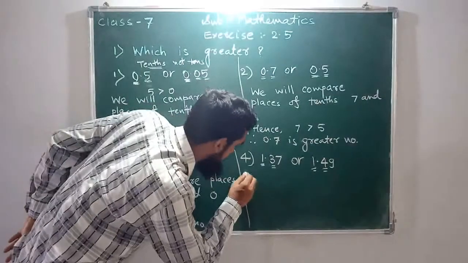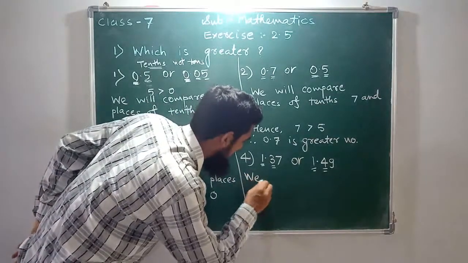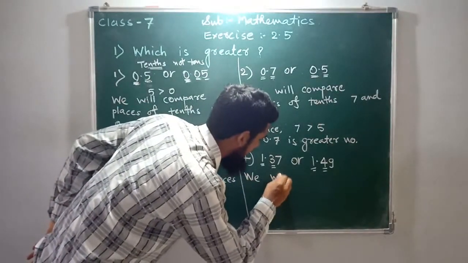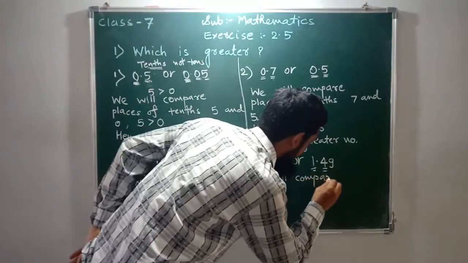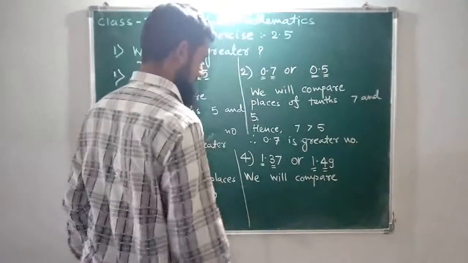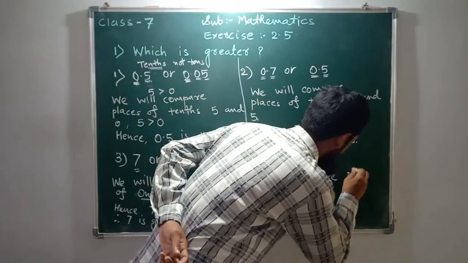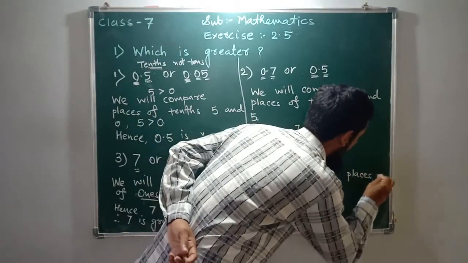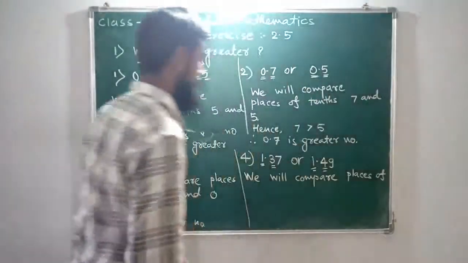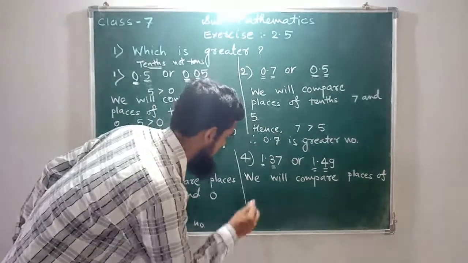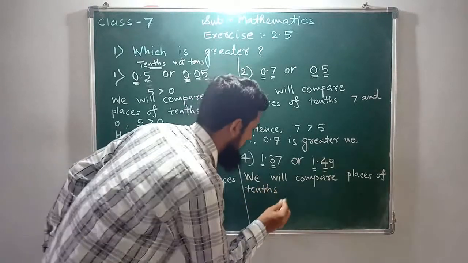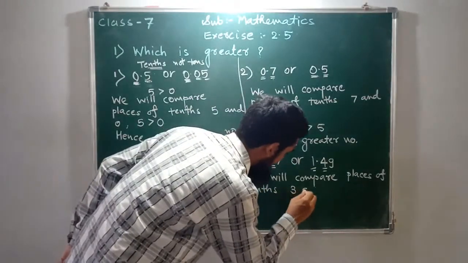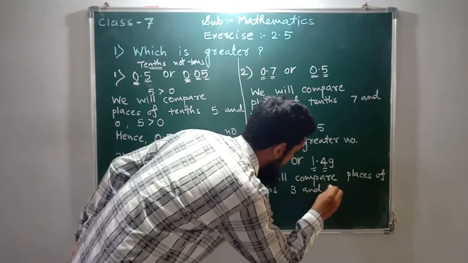So obviously you will get answer beta. So here what we have to write? Here we are going to write, we will compare places of tens 3 and 4.